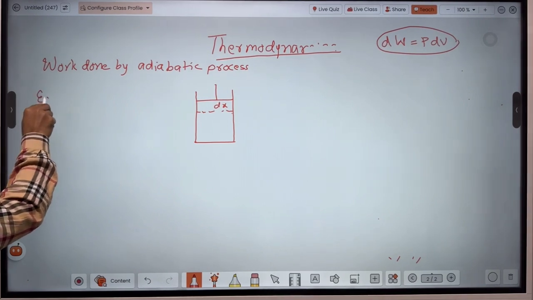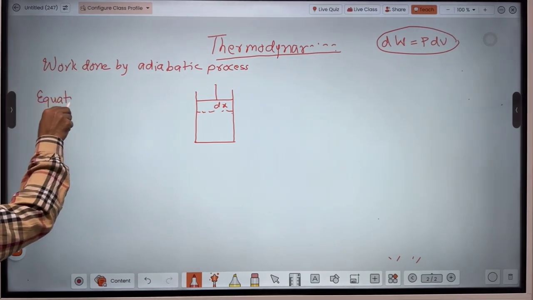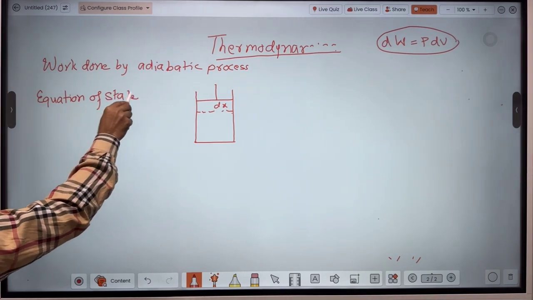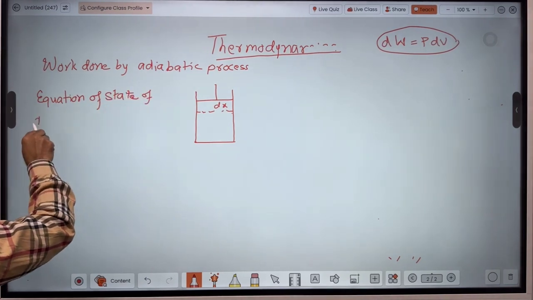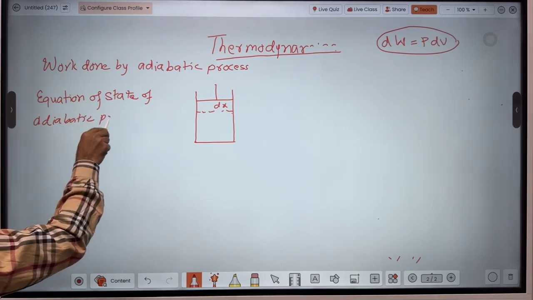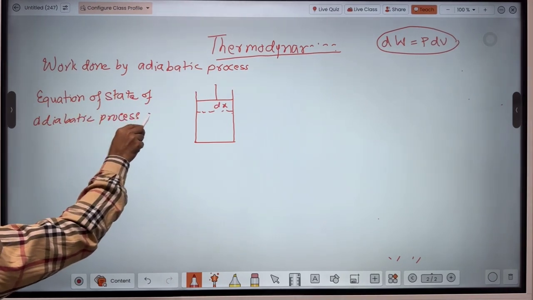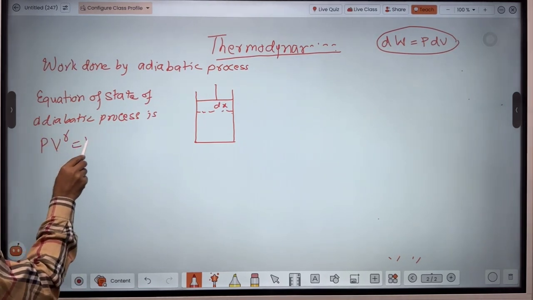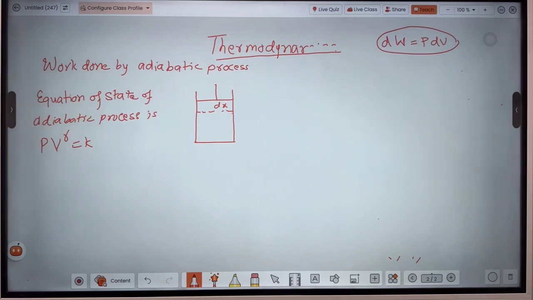and equation of state of adiabatic process is PV power gamma equal to K. Right. So this time again we will use the same process for work done as we have done in the previous case, that volume changes from V1 to V2.